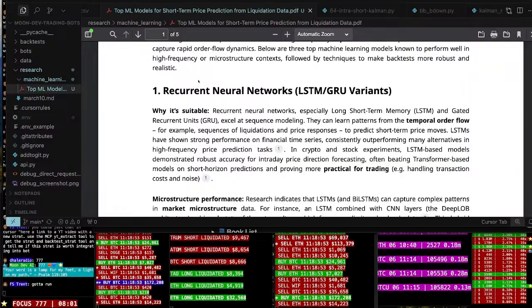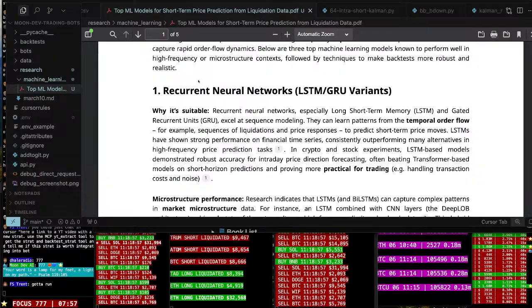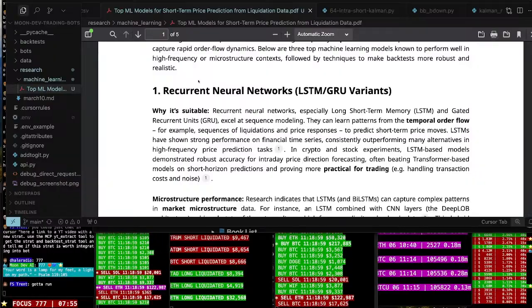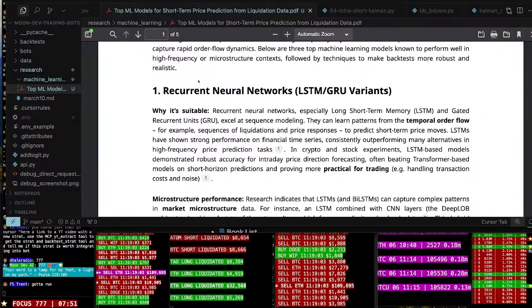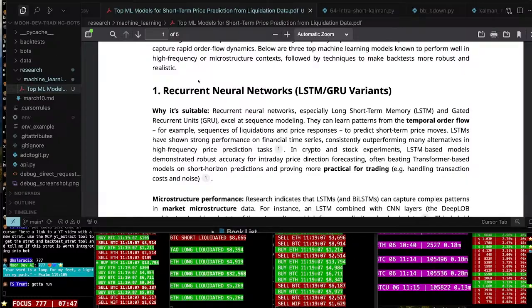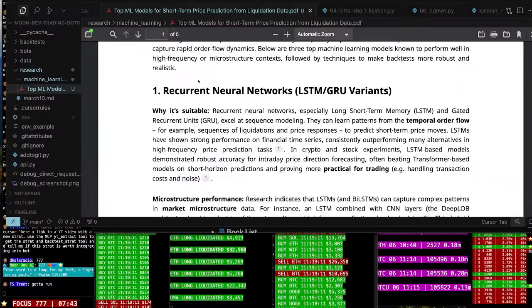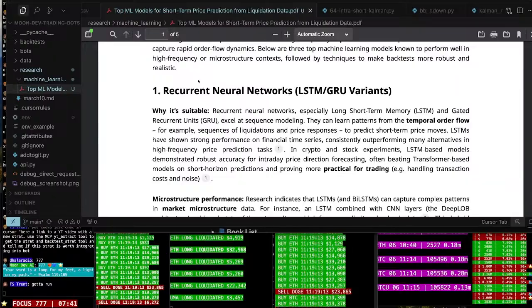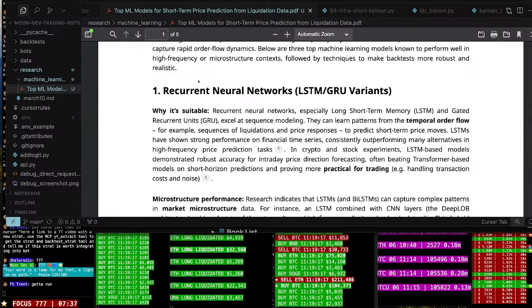Why it's suitable? Recurrent neural networks, especially long short-term memory, LSTMs, and gated recurrent units, GRUs, excel at sequence modeling. They can learn patterns from the temporal order flow, for example, sequences of liquidations and price responses to predict short-term price moves.